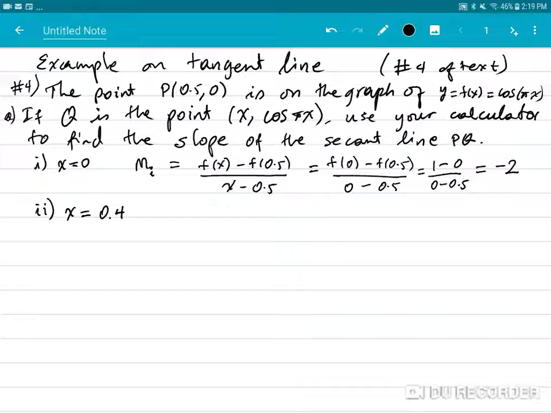So the y values will be from f of 0.4 to f of 0.5, over 0.4 minus 0.5. So I put that in the calculator.